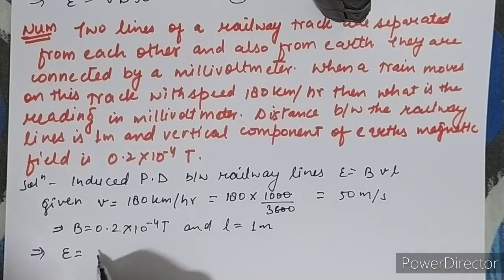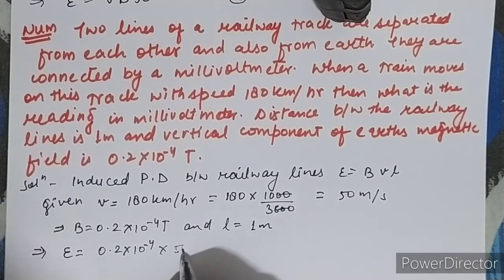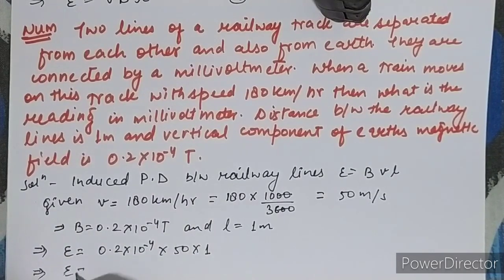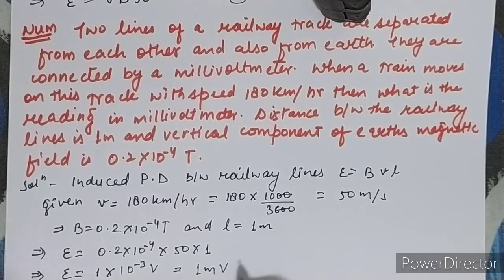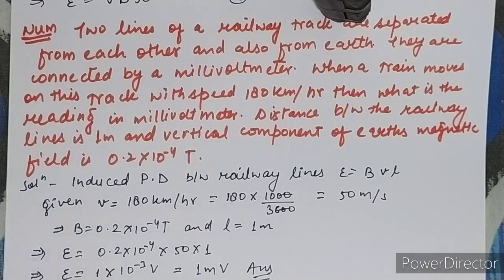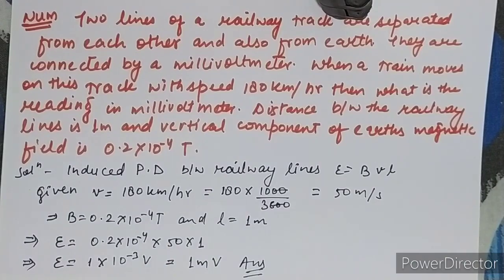So E equals 0.2 into 10 to the power minus 4 into 50 into 1, which is 1 into 10 to the power minus 3 volt, or 1 millivolt. So the reading is 1 millivolt. This is the answer to your question. Clear? So one example I have solved.